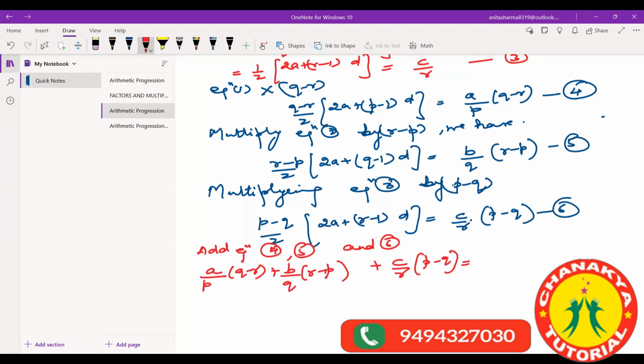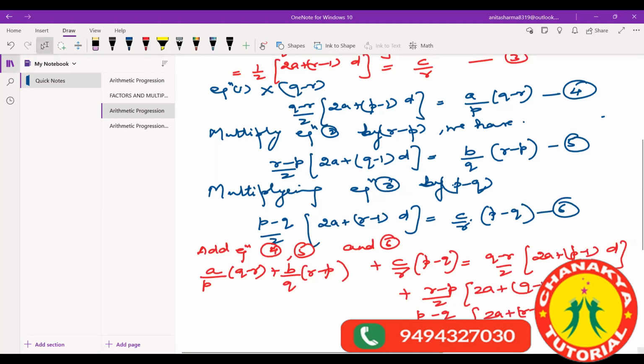Right? Now write the left hand sides of all the equations. So (Q minus R) by 2 into (2A plus (P minus 1) into D) plus (R minus P) by 2 into (2A plus (Q minus 1) into D) plus (P minus Q) by 2 into (2A plus (R minus 1) into D).